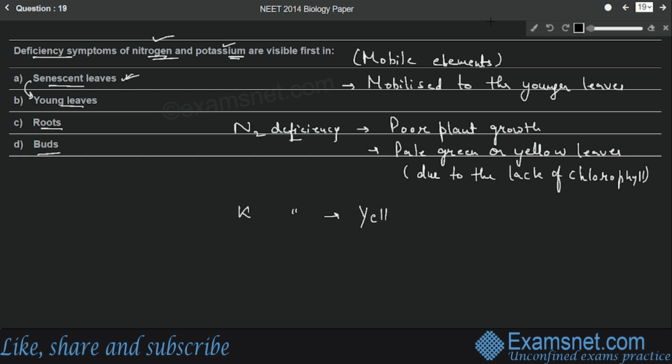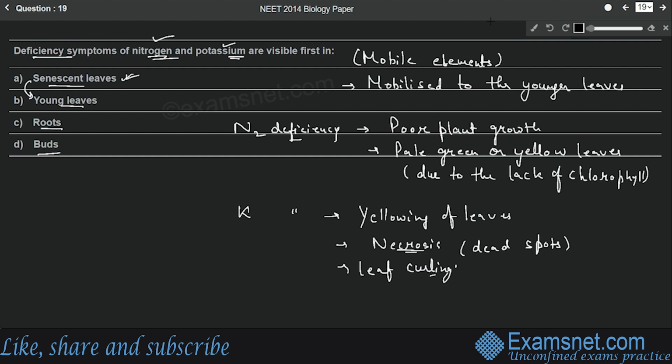So it will result in yellowing of leaves, and these yellow parts will become necrotic, that means dead spots, along with leaf curling. These are the deficiency symptoms of nitrogen and potassium, and the correct answer is option number A, senescent leaves.